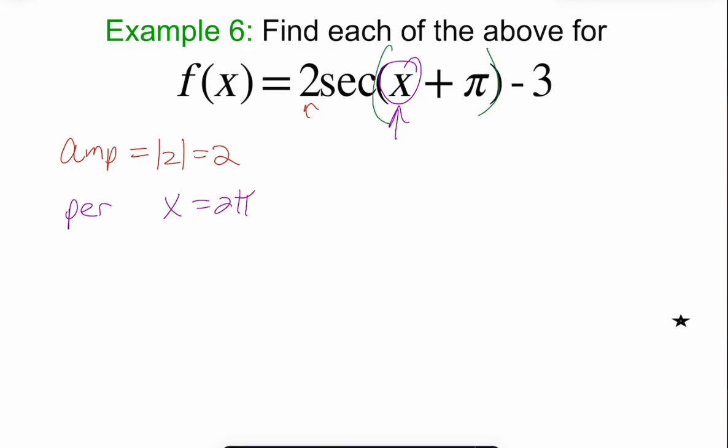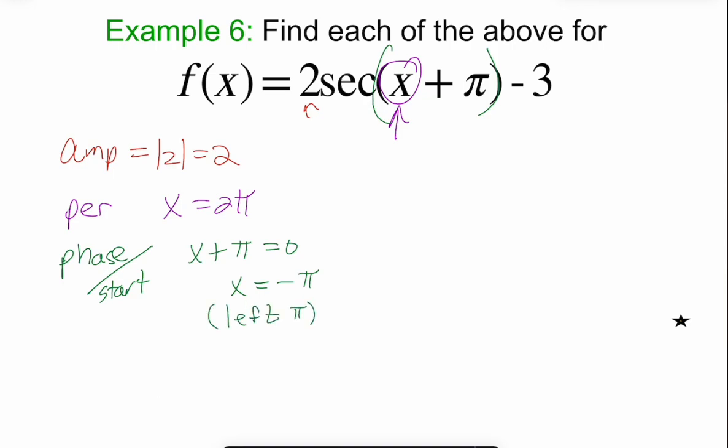The whole parenthesis, we are going to set equal to 0. That is our phase shift or the start of our graph. So where x plus pi equals 0, x equals negative pi. That tells me we've gone to the left by pi.